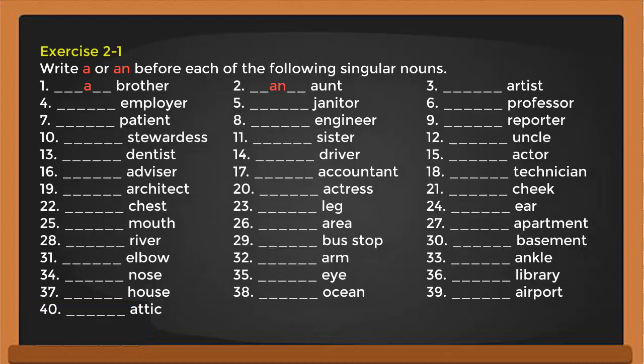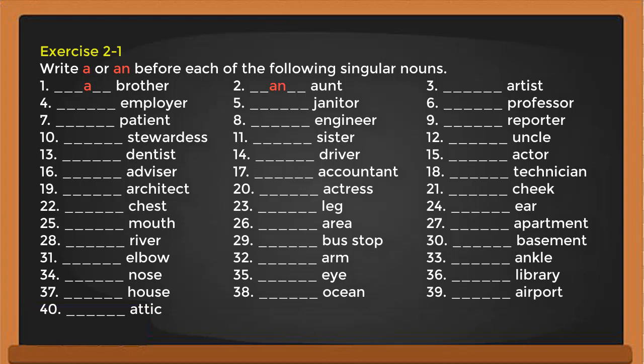Okay, let's see the exercise. Exercise 2.1. Write a or an before each of the following singular nouns. I have answered number 1 and 2 for you. Number 1, brother, we use a. Why?